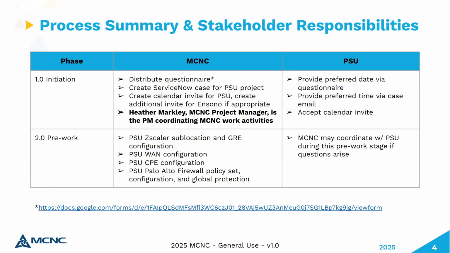Once the questionnaire is returned to us, we create a ServiceNow case for each PSU project. In that case, the first thing we'll ask you for is a preferred time. So in the questionnaire, we asked you for a date. Our acknowledgement of that date will then ask for a time. Once we have that time, we'll send out a calendar invite so that you have it on your schedule.